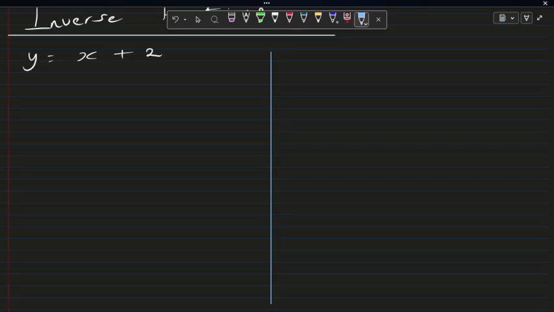A straight line like that. Okay, so you know that that's y and then that is x. When we sketch, we know that we need 2 points, the y-intercept, which will be there, and then the x-intercept, which will be over here.